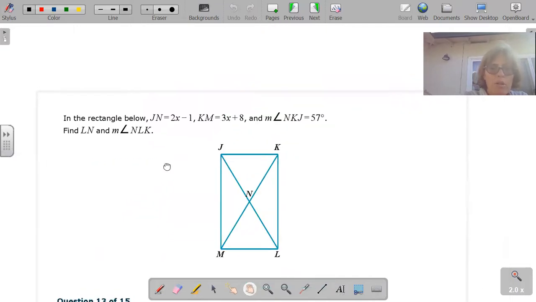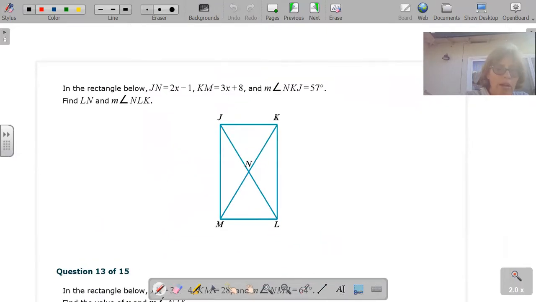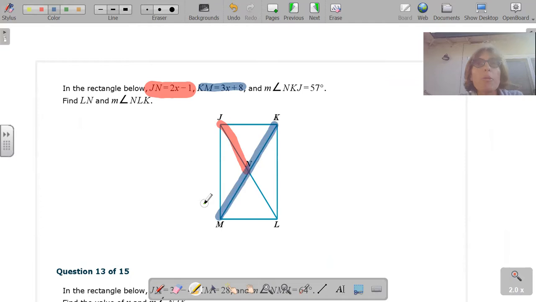Taking a look here, let's color code what we have. We are told that JN is 2x minus 1, and KM, whole thing, is 3x plus 8. We're also given that NKJ is 57.